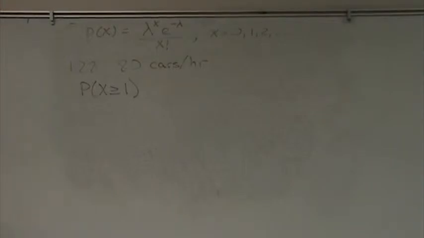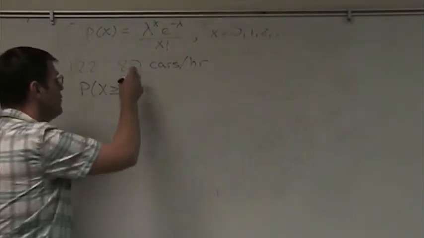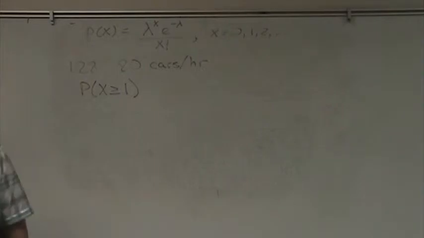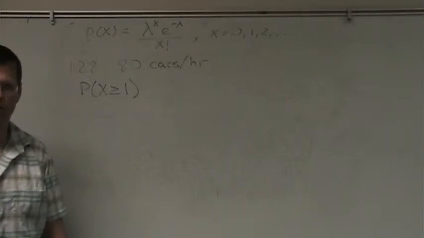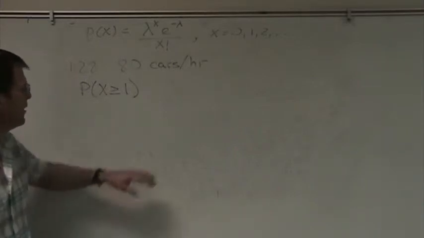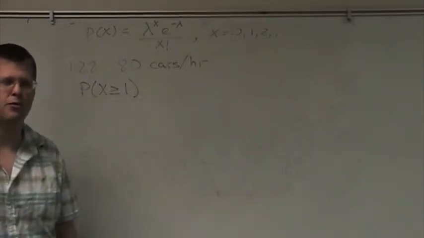Now, if you guys were actually in front of me instead of the camera, at this point I would be asking you, do you think we should be using 80 in this problem? And hopefully, at this point, you're thinking, well, probably not. Because remember that for the purpose of this, we're looking at a 1-minute interval. Lambda, the rate, is stated in terms of hours.